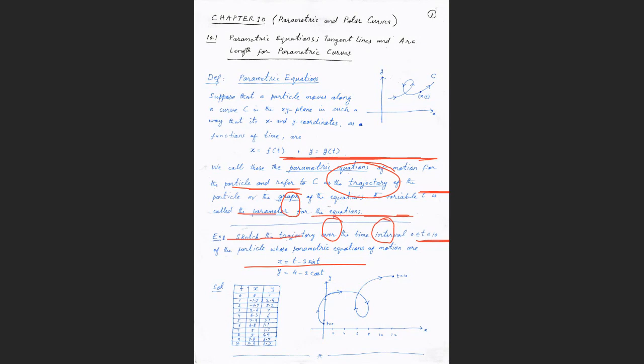For any graph, whatever it is, either a line, a curve, or any surface, in the xy plane it has two coordinates.